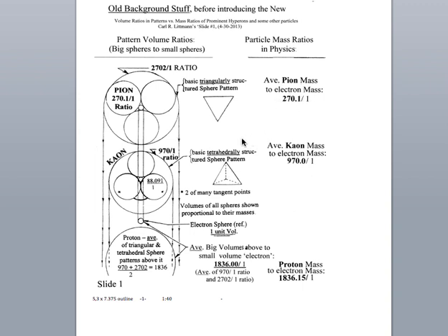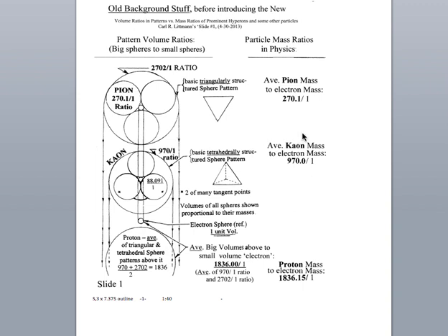So among various prominent real particles in this world, there often occur, like just shown, real mass ratios that nearly equal the volume ratios in abstract geometric patterns. That's the major theme of this talk.